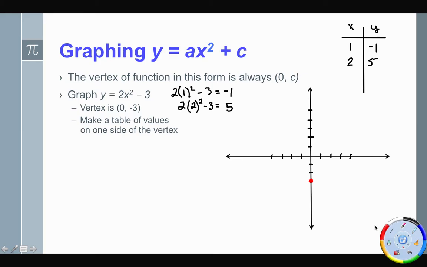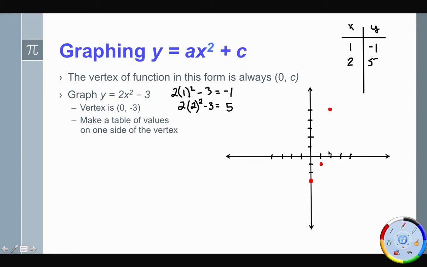All right, so I have 2 coordinates. But if I have 2 coordinates, it means I actually have 4 coordinates, because these have mirror images. So let's go ahead and take a look at what this is going to look like here. The coordinate (1, -1) is right there. And the coordinate (2, 5) is way up here. And this should make sense.